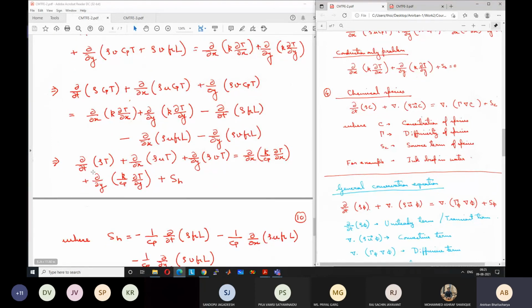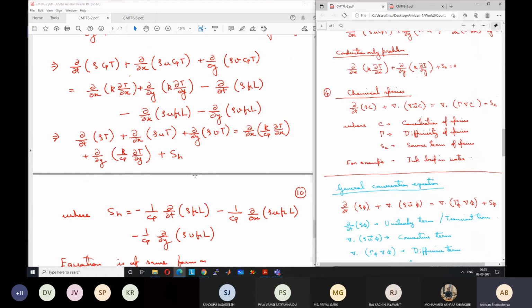Del t of rho T plus del x of rho uT plus del y of rho vT is equal to del x of k by Cp del T del x plus del y of k by Cp del T del y plus source term, where the source term is these three terms divided by Cp, because we are dividing by Cp. So S is equal to minus 1 by Cp del t of rho fL minus 1 by Cp del x of rho u fL minus 1 by Cp del y of rho v fL. Okay. So this is our source term.